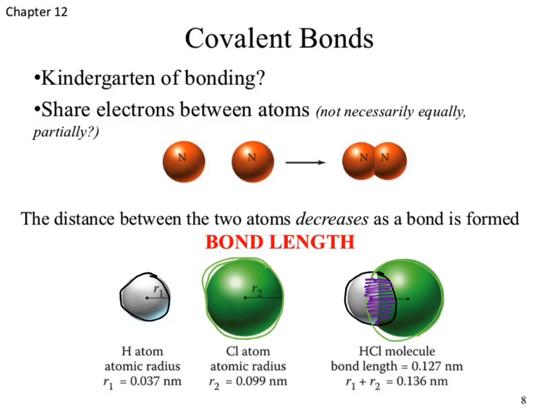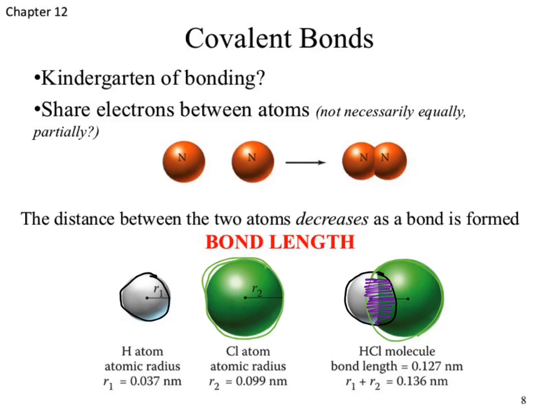Overlap. That's it. They just overlap. All we're saying is that those electron clouds must overlap. What does that mean about the internuclear distance? It gets shorter than the individual radii of the atoms. That's all we're saying. Does that make sense?